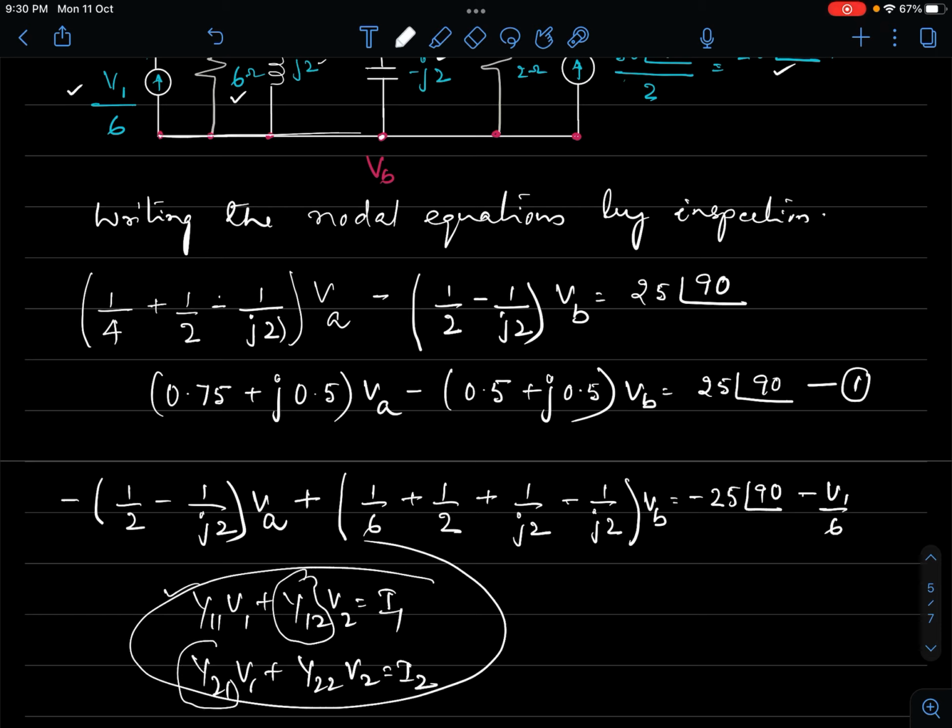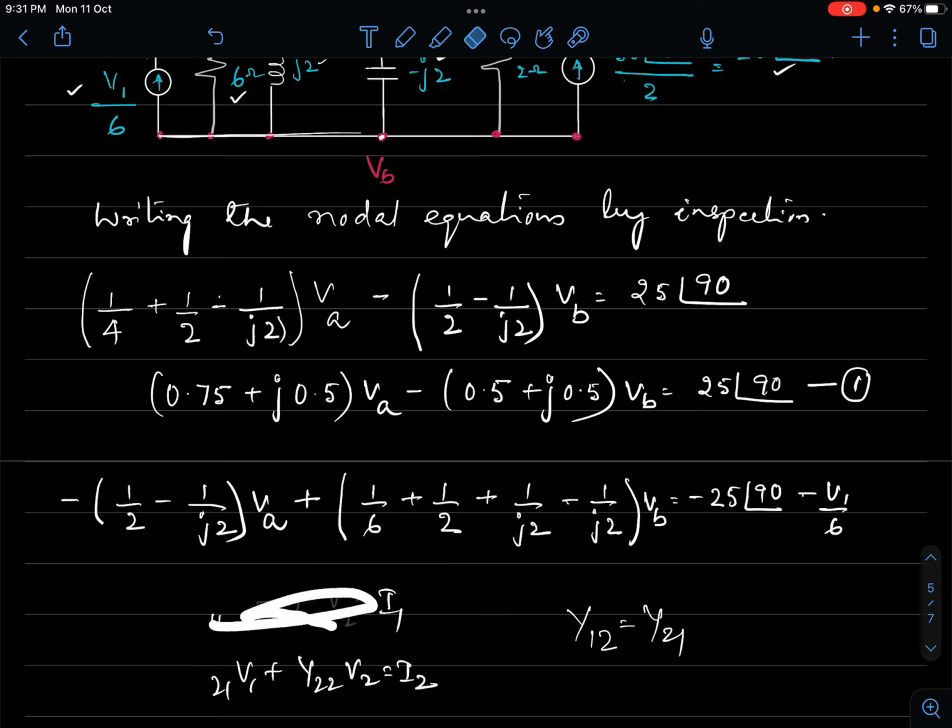Similarly, y21 is the sum of all the admittances connected between node 2 and node 1. Eventually, we have observed that y12 equals y21. This is also true. And y22 again is the sum of all the admittances meeting at node 2. So this is how we have understood nodal equations, and we are trying to write the nodal equations by inspection.